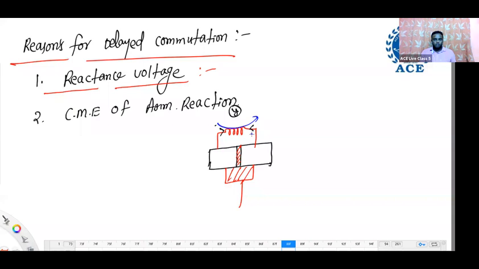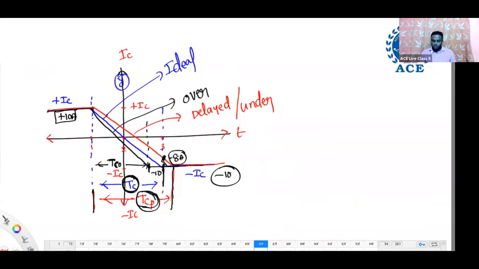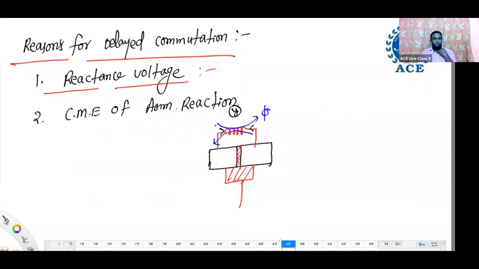If current is reversed, flux also reverses. So within a short time, there is a change in flux in the coil, positive to negative. Observe current plus IC to minus IC, just like alternating nature.